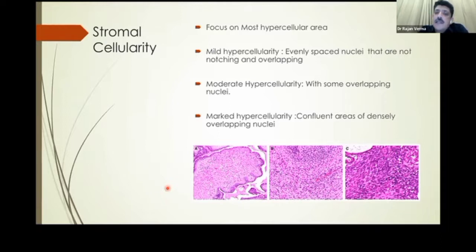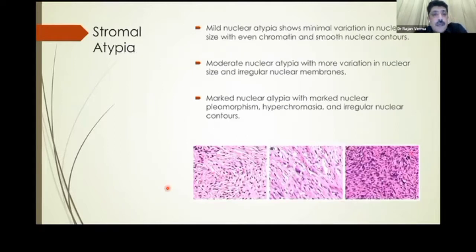In marked hypercellularity, there are confluent areas of densely overlapping nuclei. So this will help us get away with the subjectiveness. This is a very important point, which we will go into further. We'll see how we differentiate from cellular fibroadenomas.